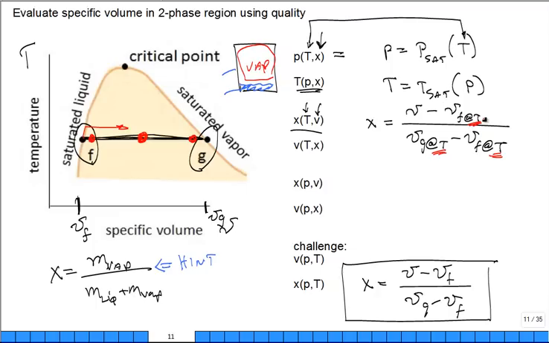So we didn't write all that subscript right down in here. Now, once I know the quality, let's say somebody said, just like up here, I'm giving you temperature and quality. Give me the specific volume. That would be V is equal to V sub F plus quality times V sub G minus V sub F.